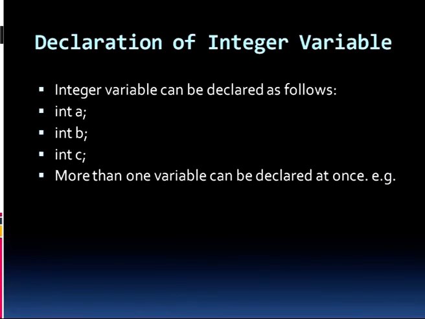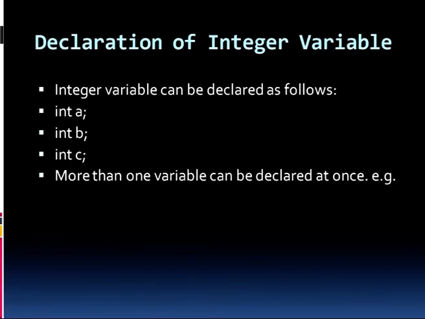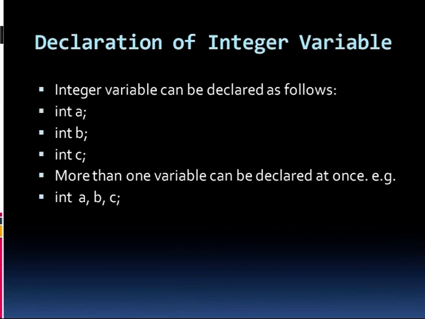More than one variables can be declared at once as well. For example, we want to declare three variables a, b and c, so we can declare these three variables in a single line as shown. This statement declares variable a, b and c of type int.